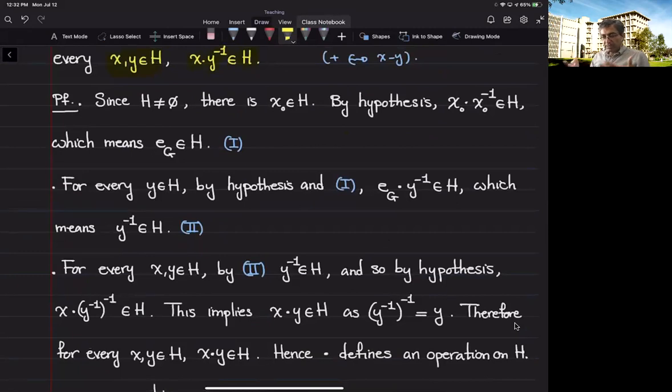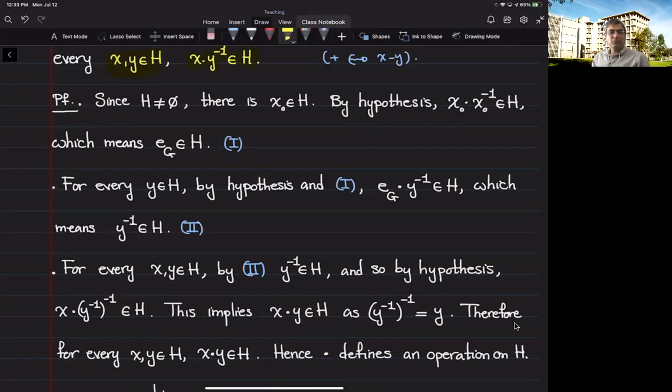I need to check that H with dot forms a group. In particular, I need to show that dot gives me an operation on H, which means H is closed under multiplication. If I give you two elements inside H, when I multiply them, look at x dot y, why am I still inside H?